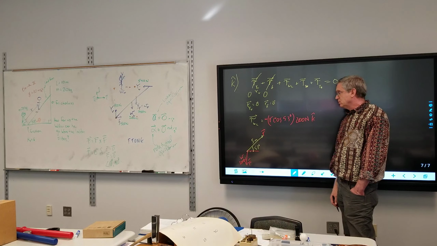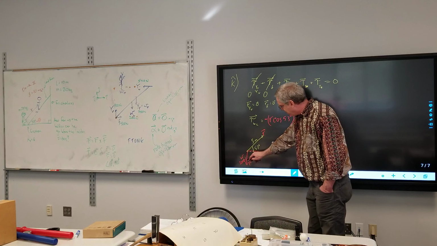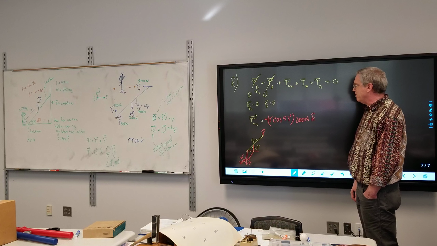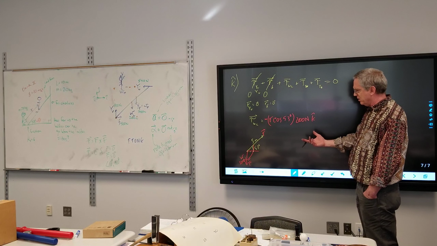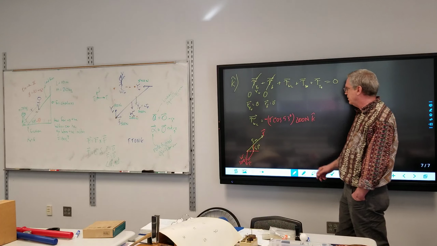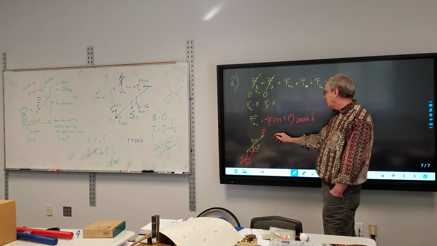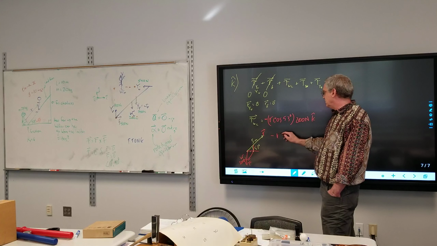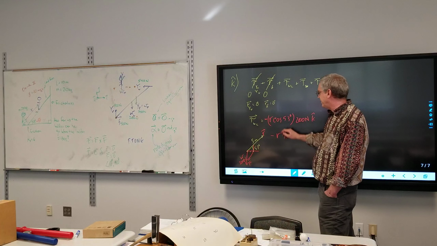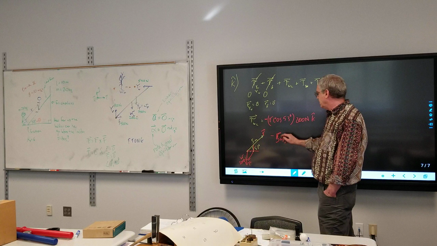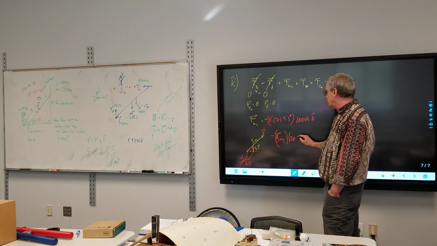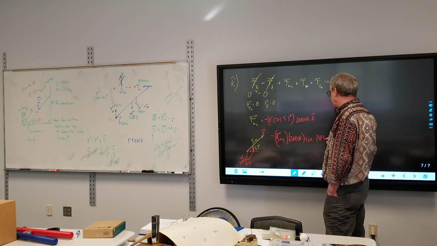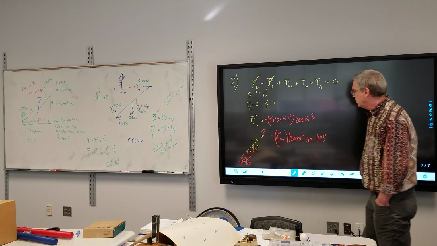Or, if I think about this entire angle here, that entire angle is not 53 degrees, the entire angle is 143 degrees. Negative R, 5 meters, times 200 newtons, times the sine of the actual angle between them, 143 degrees.